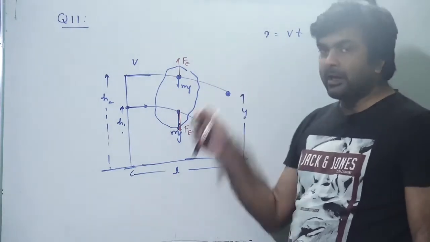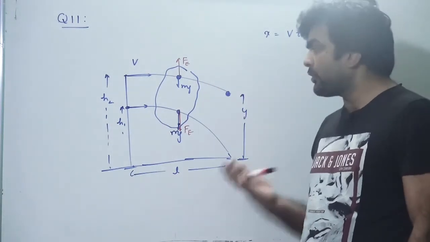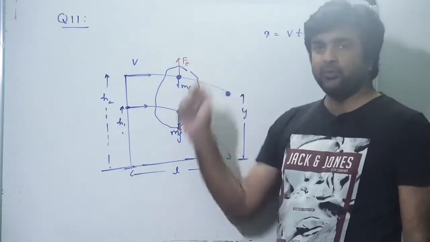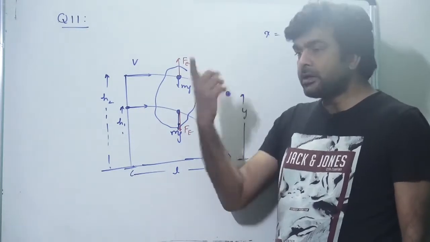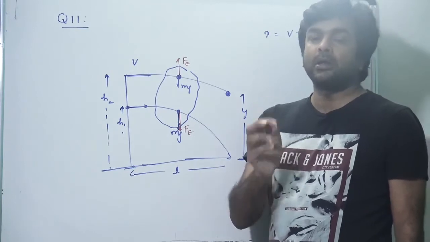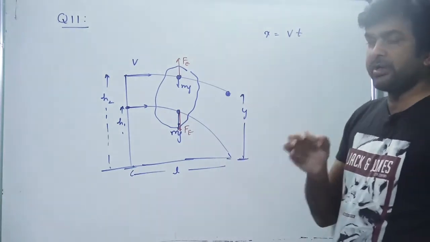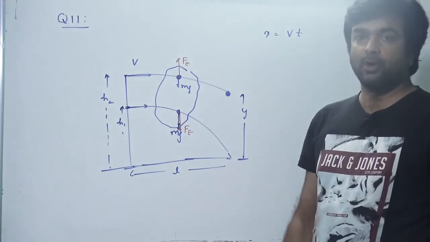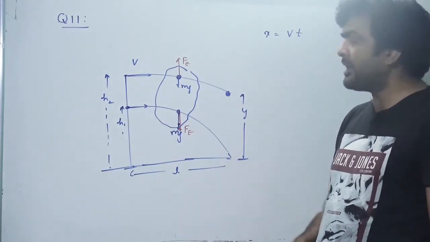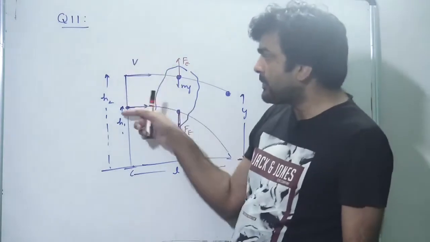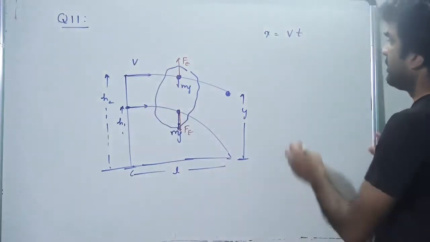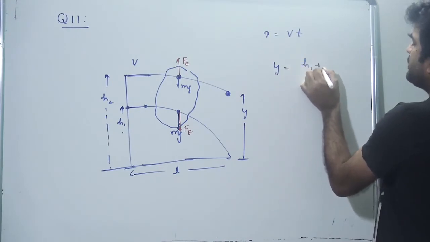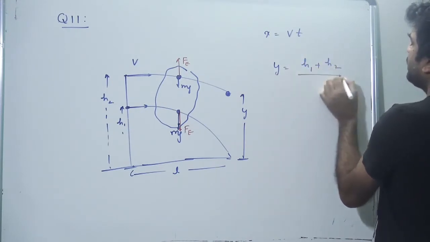They act from earth, which is not part of our system, whereas the electrostatic force of repulsion is an internal force, and internal forces do not change the position of center of mass. So initially the center of mass of these two masses, because the masses are equal, would be at (h1 plus h2) divided by 2.